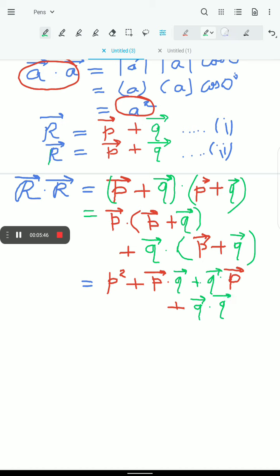Let's write it in the next line. So this is equal to P square.